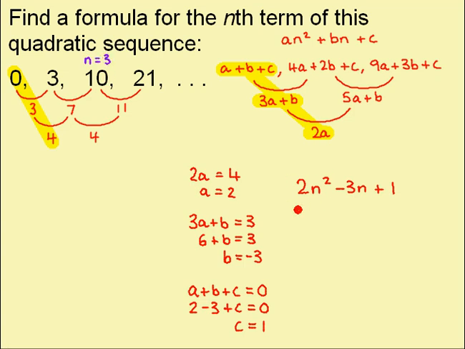So I've got 2 times 3 squared minus 3 times 3 plus 1, and I'm hoping that this is going to give me 10. 2 times 3 squared is 2 times 9, so that's 18. Minus 3 times 3 is 9, plus 1. Now 18 minus 9 plus 1 does give me 10, so I know that my quadratic sequence has this as its nth term.